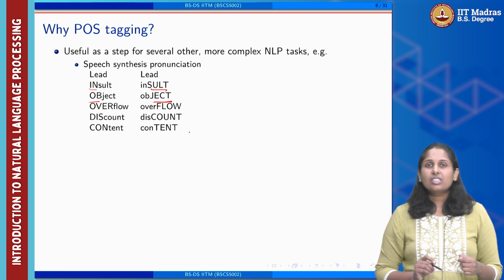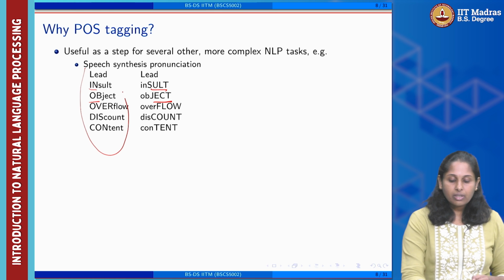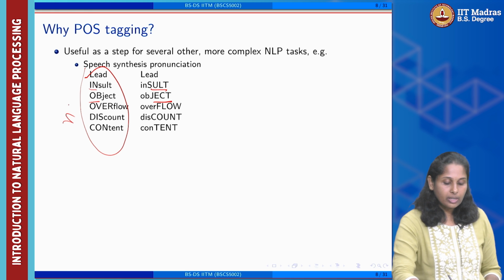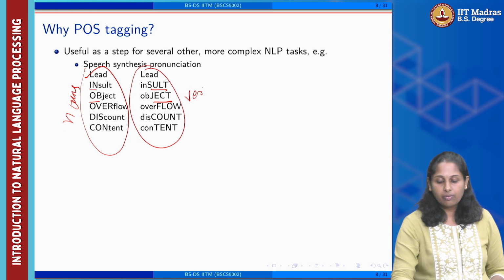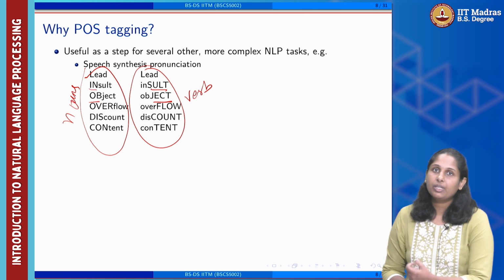The difference in pronunciation comes because one column of words here are nouns, and the other set of words are verbs. So the category decides how we need to pronounce a particular word.